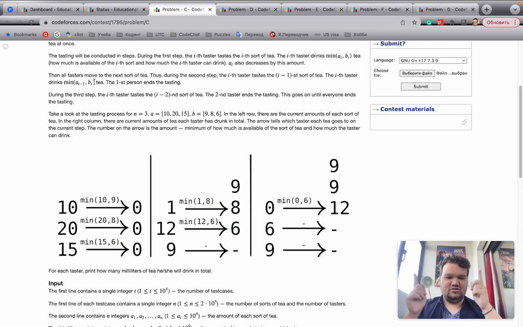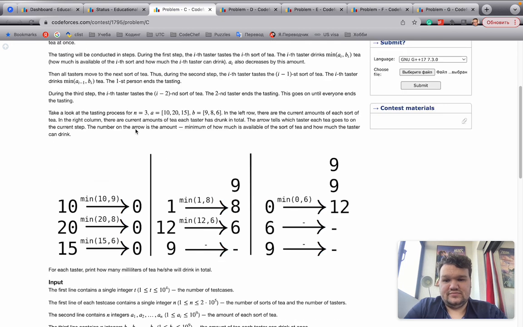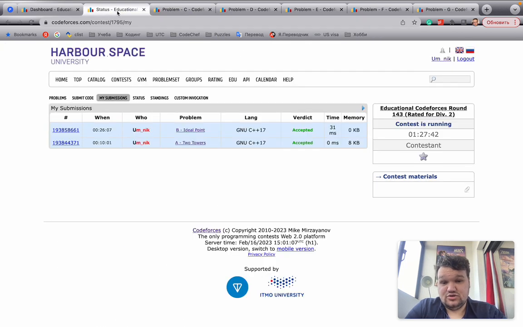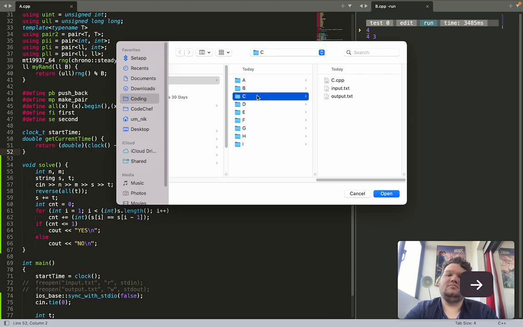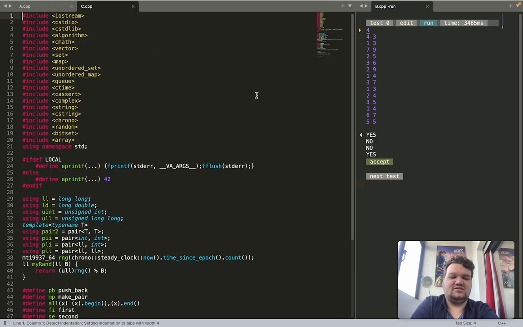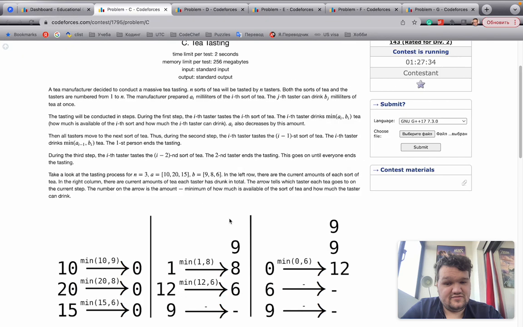For all the tasters that are on that segment, we will add +1, and for all others we will not. That's the solution. I'm not sure if it's the simplest one, probably not, but it's simple enough for me at least.